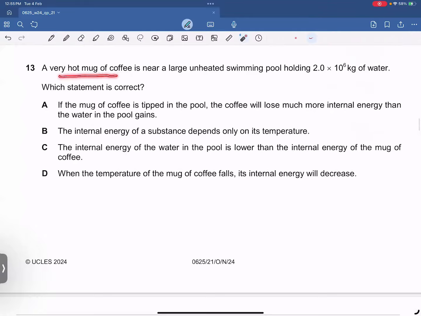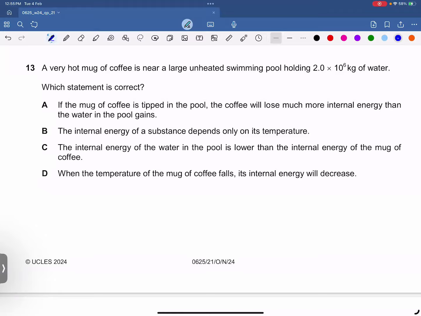A very hot mug of coffee is near a large unheated swimming pool holding 2.0 × 10^6 kilograms of water. Which statement is correct? So a hot mug of coffee is near that. If the mug of coffee is tipped in the pool, the coffee will lose much more internal energy than the water in the pool.